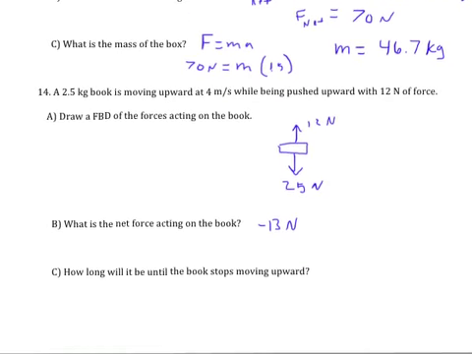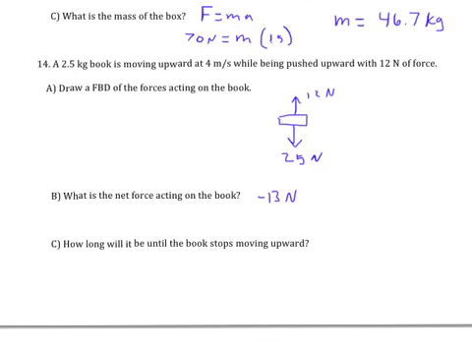Now, let's see what we have here. How long will it take the book to stop moving? So I'm looking for time, and I know the force and the mass. So I had to find the acceleration first. I'm going to use Newton's second law written this way, a equals F over m.